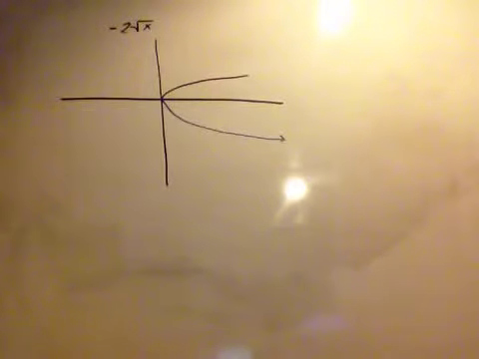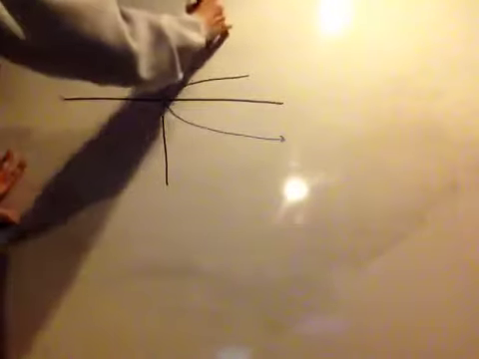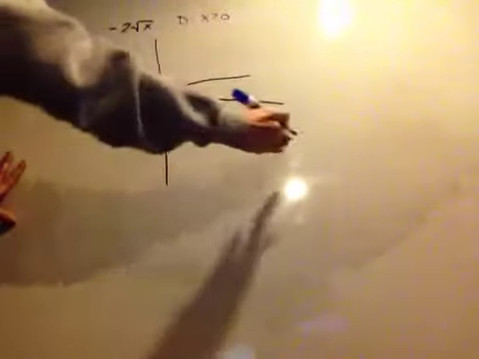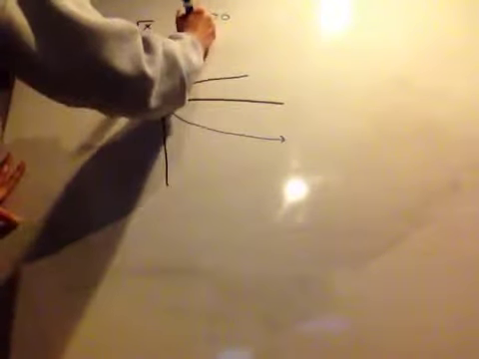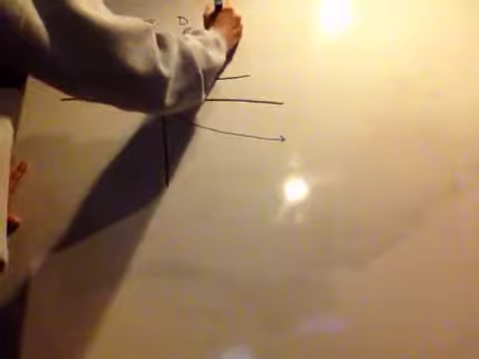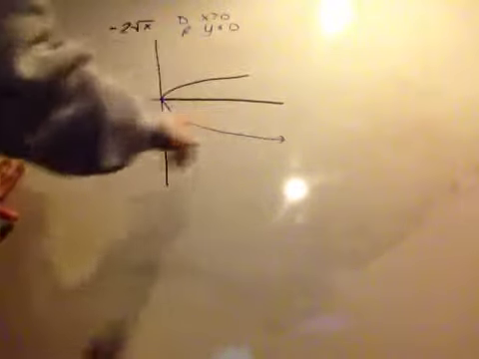So it'll come down, but it's going to come down a little more than this one came up because we're multiplying it by 2. So our domain, x is still greater than or equal to 0, because we only have positive x values. But for our range, y is less than or equal to 0, because we're on the negative side.